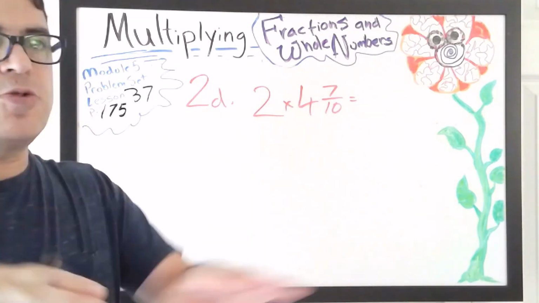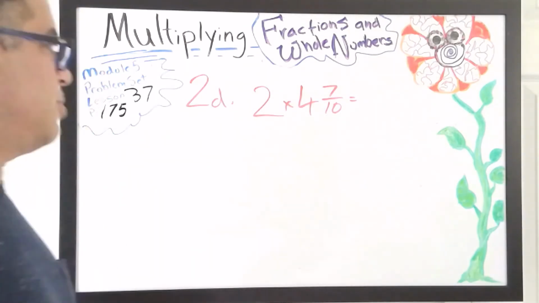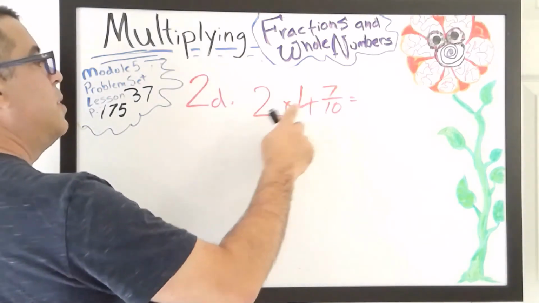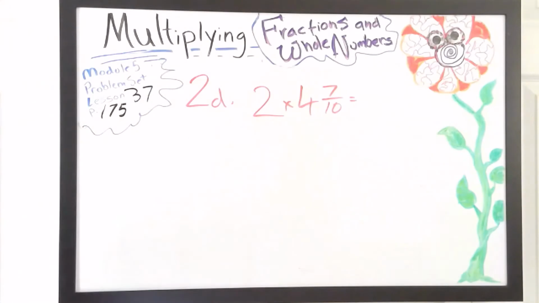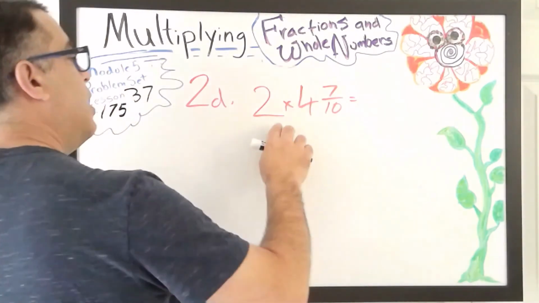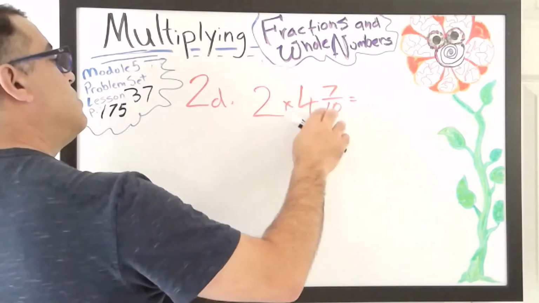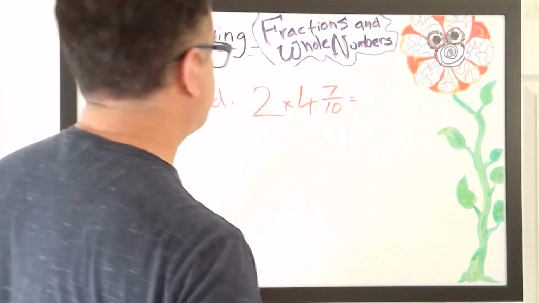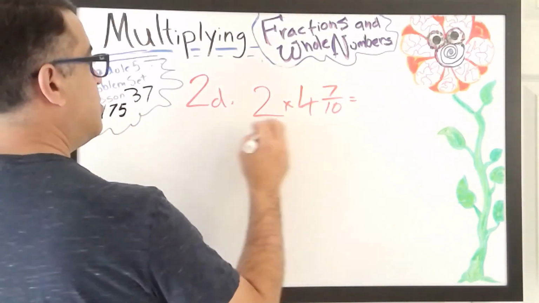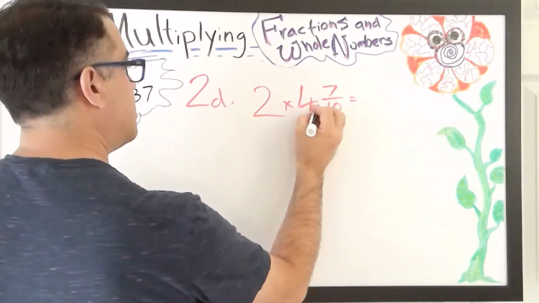That's to distribute evenly. So in this case, in order to solve these larger problems where you're multiplying a whole number times a mixed number, now, remember we were just doing a whole number times a fraction. Now we're doing a whole number times a mixed number. Here's what happens. You can take this 2 times 4 and 7/10 and turn it into this, because remember there's a plus sign here.